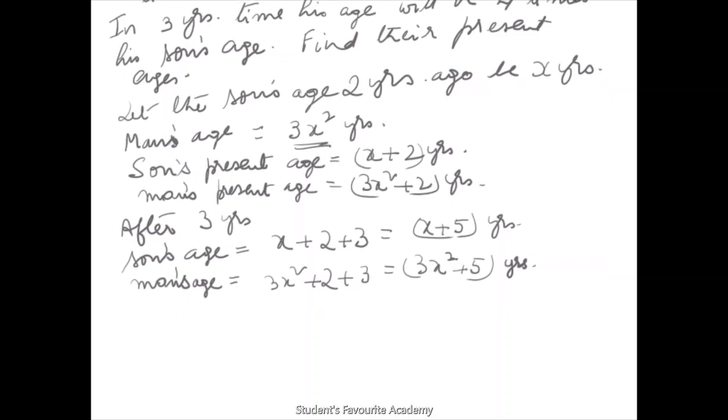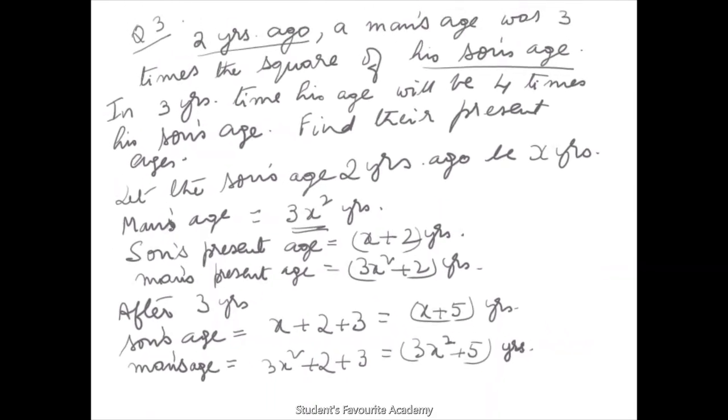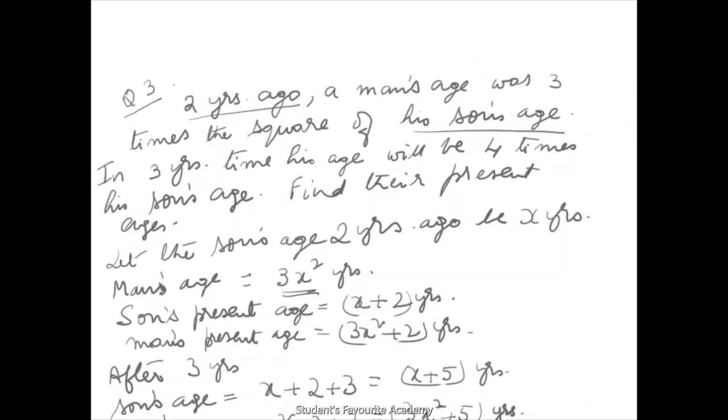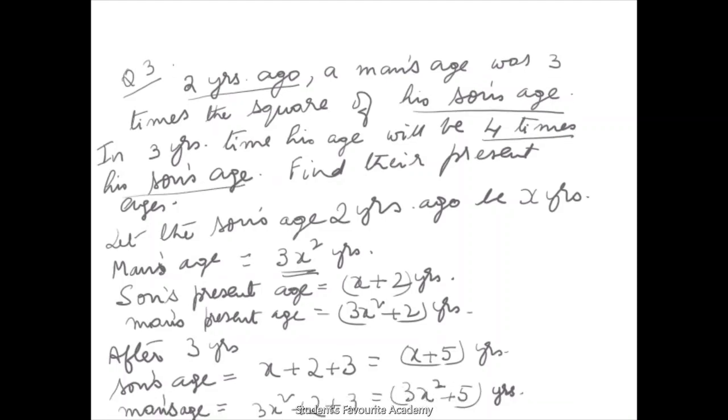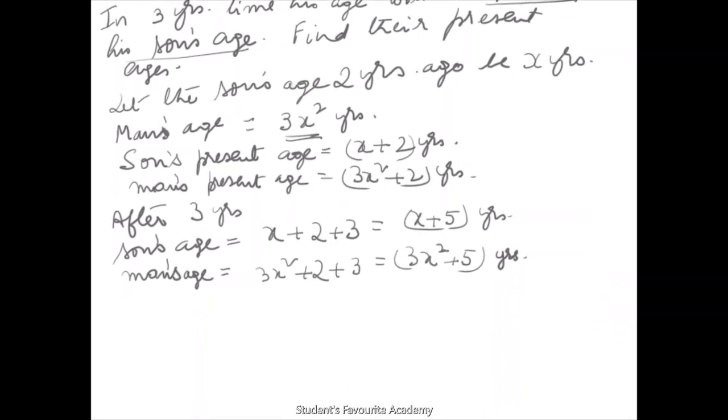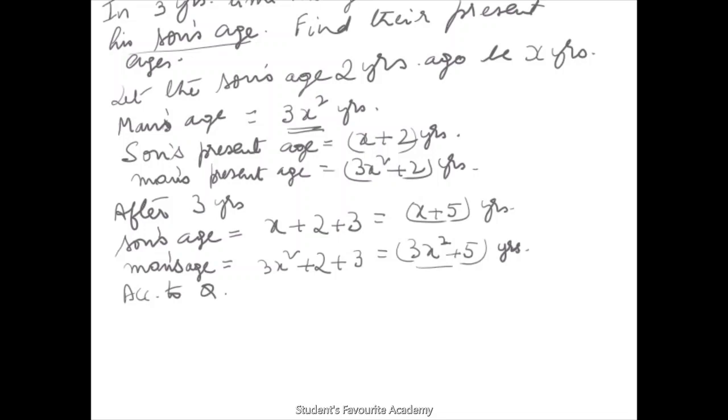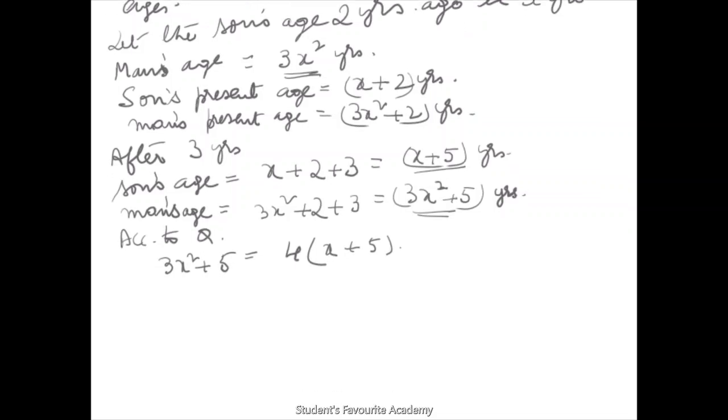Now, according to the condition, what is the condition given? Man's age will be 4 times son's age. So, according to the question, this is man's age, that is 3x square plus 5. This will be 4 times son's age, that is x plus 5. Right?